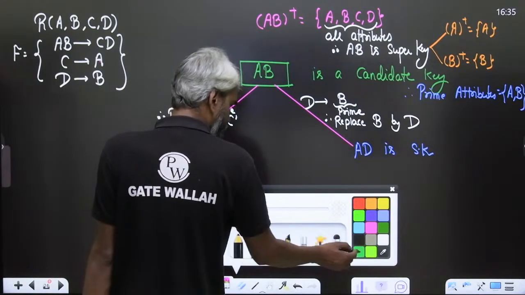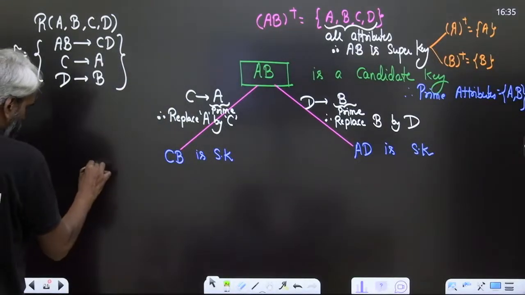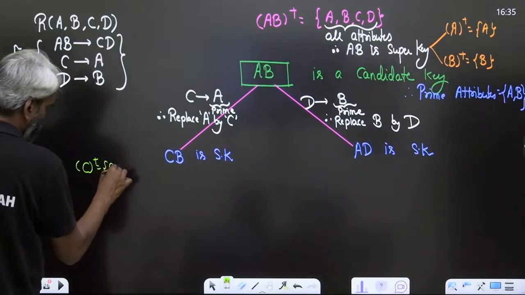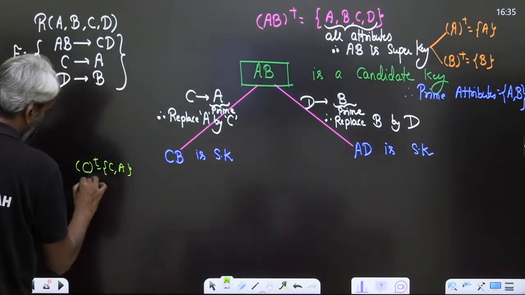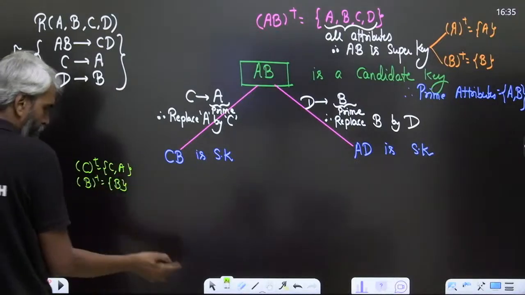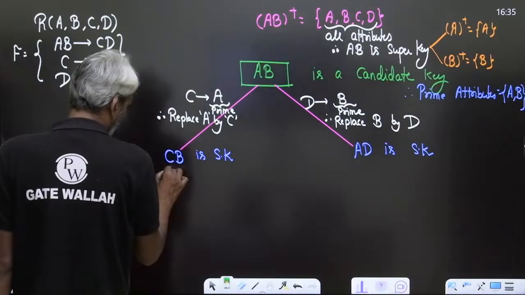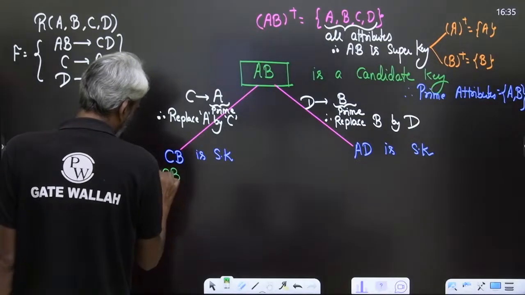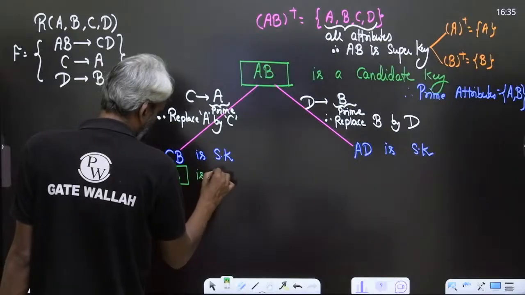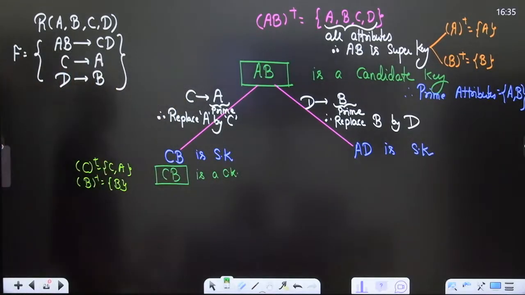Make sense? C closure is CA, B closure is B. CB is our candidate key.